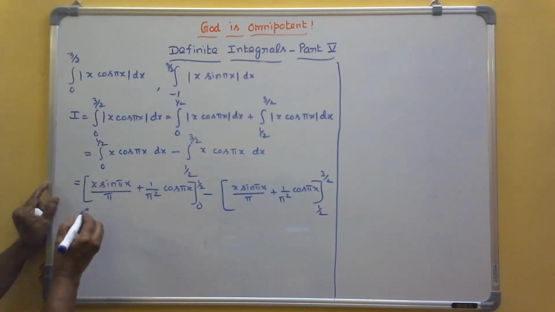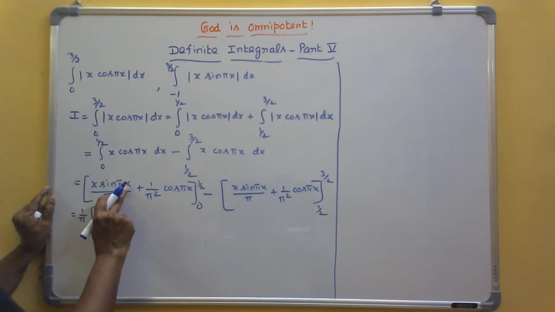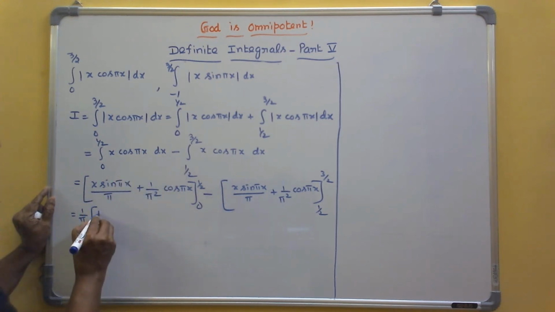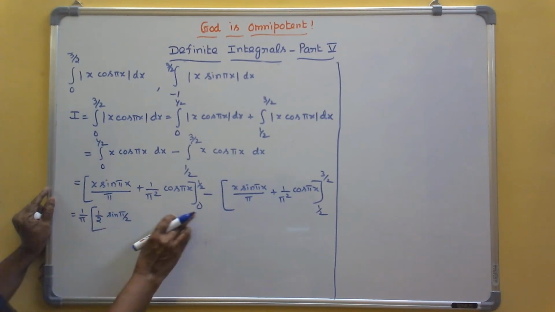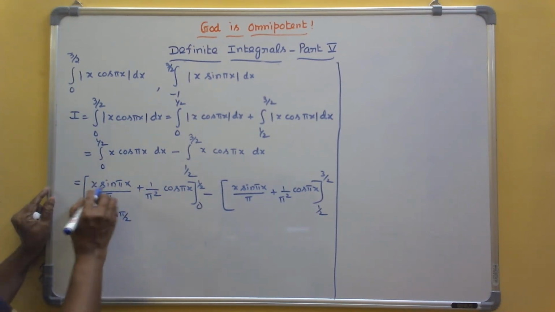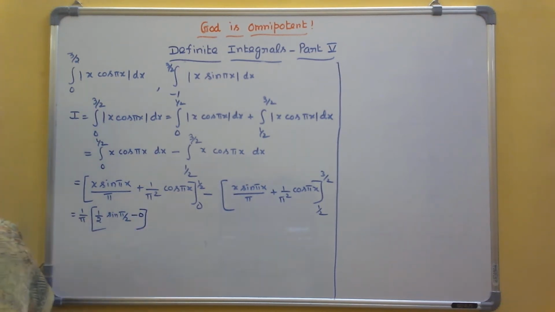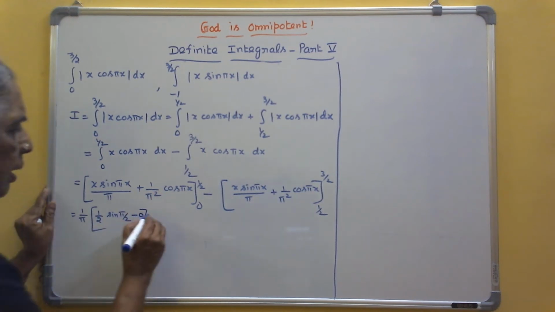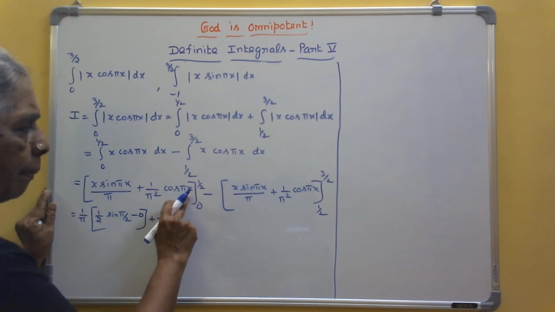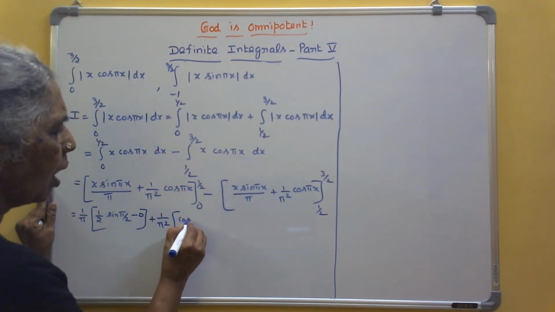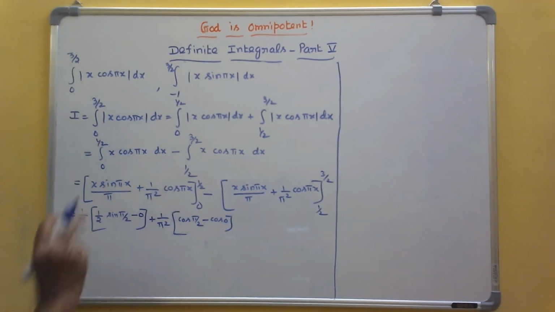So here for the first one, let us take 1 by pi common. I am having x sin pi x. When I substitute half, I will be getting half, then sine pi by 2. Then the lower limit, when I substitute 0, that will become 0. This is the first one. Coming to that part, it is plus 1 by pi squared into cos pi into half, so it is cos pi by 2 minus cos 0. This is the second term.